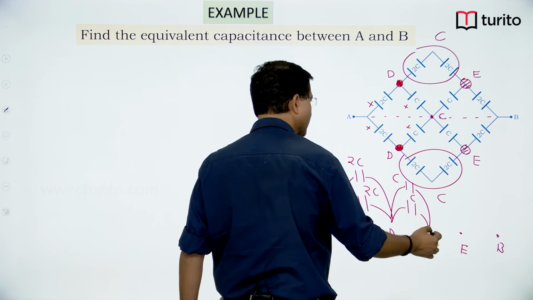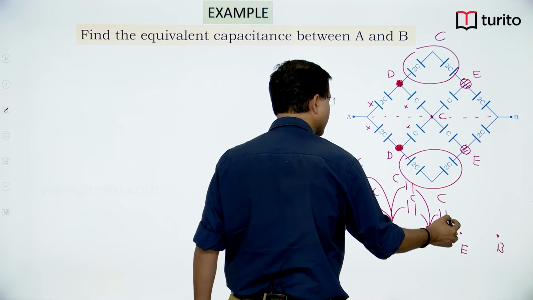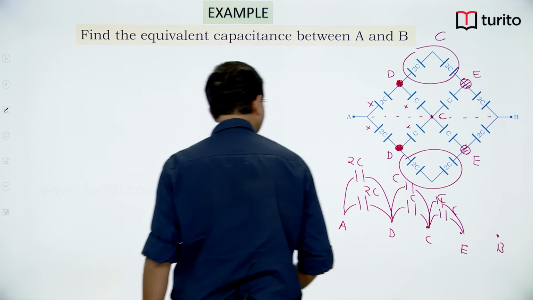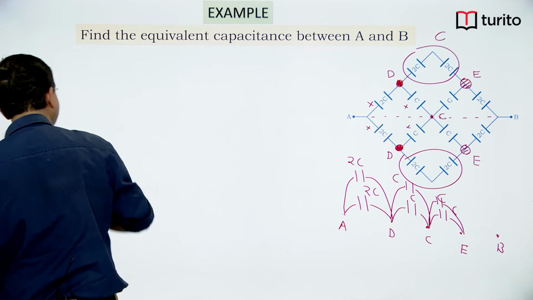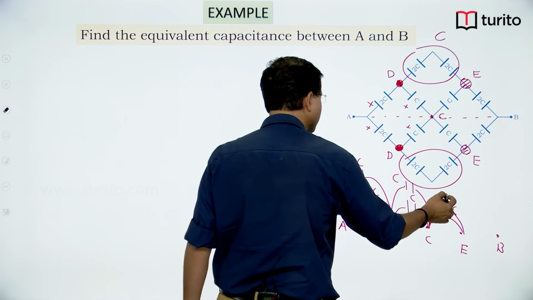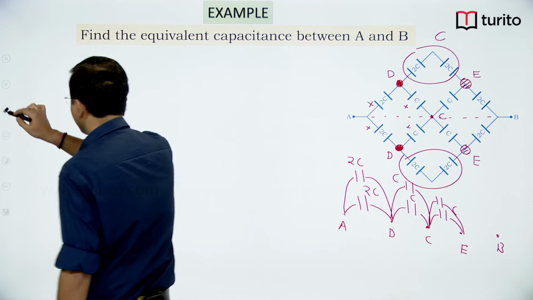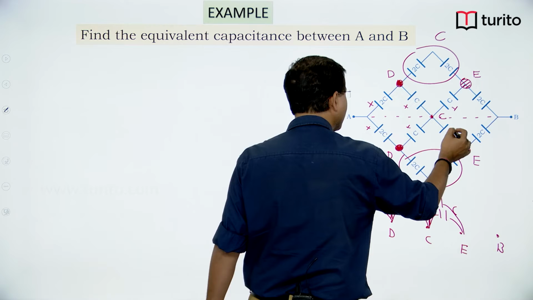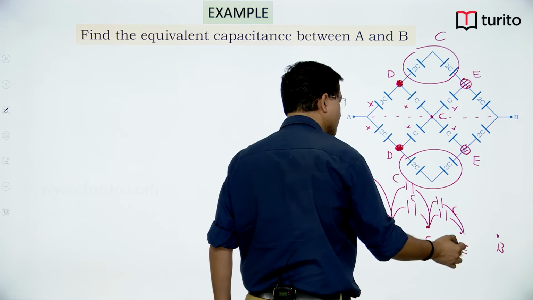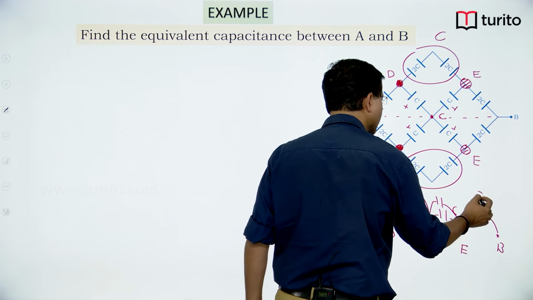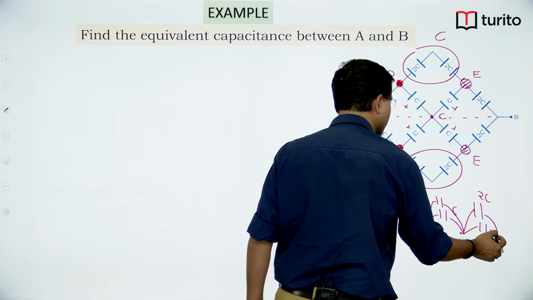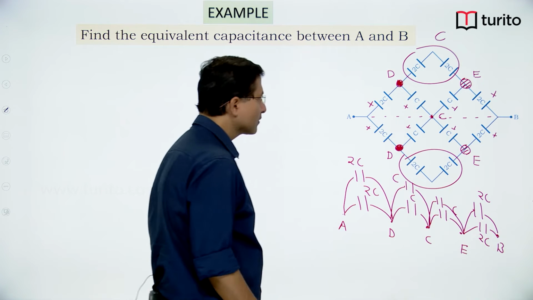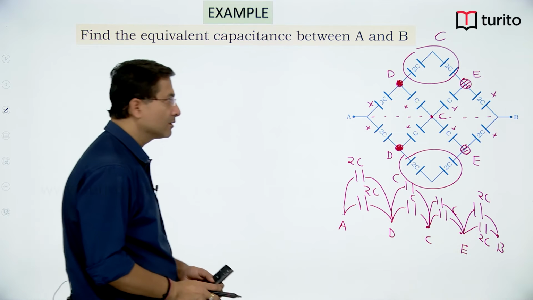Similarly, these two I will connect here, this is C and one more capacitor C. Two C and 2C. So, here 2C, here 2C, right. So, what is left?